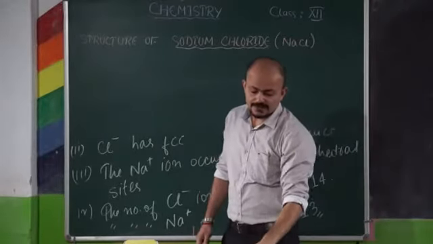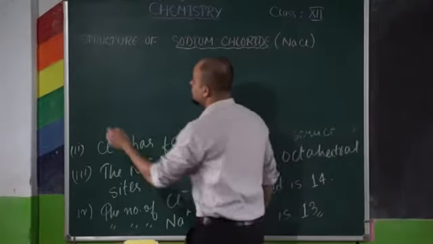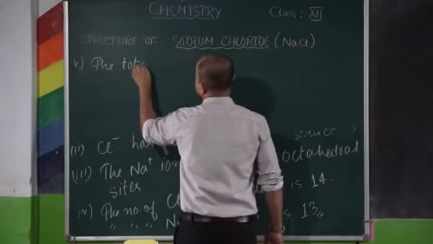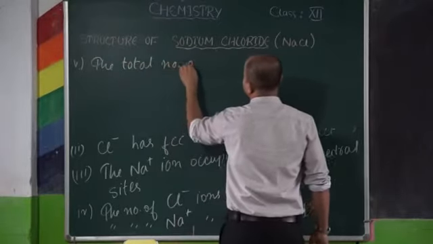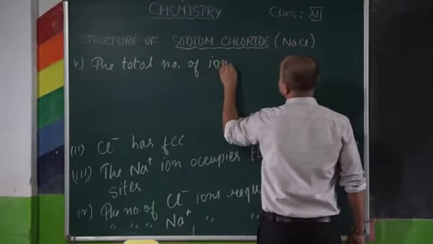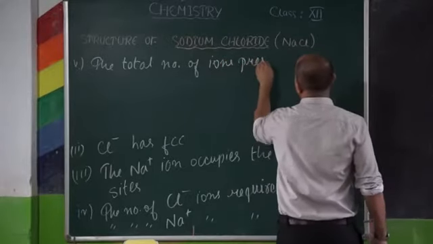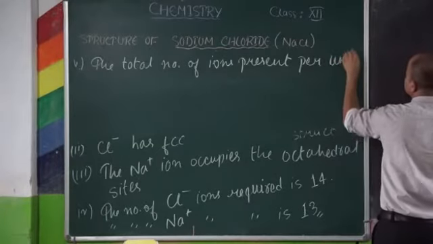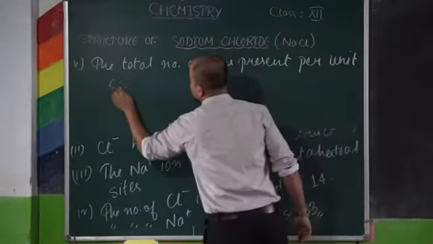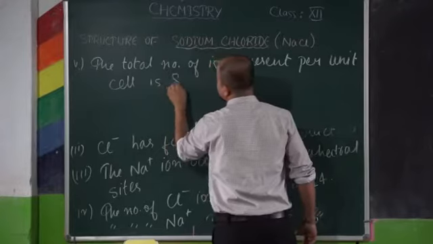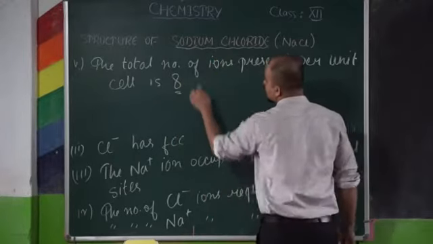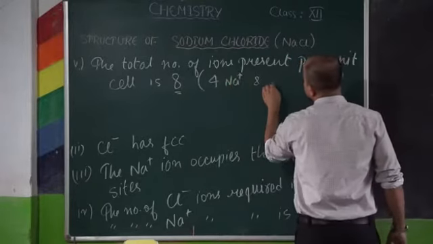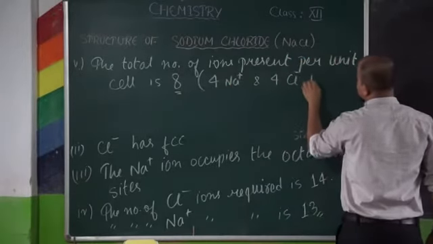The total number of ions present per unit cell is 8. Please don't forget, it's 8: 4 Na+ ions and 4 Cl- ions.